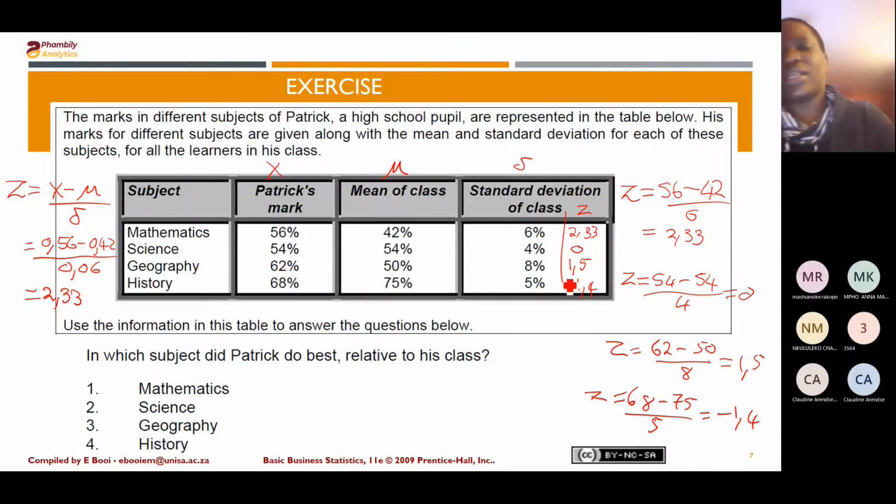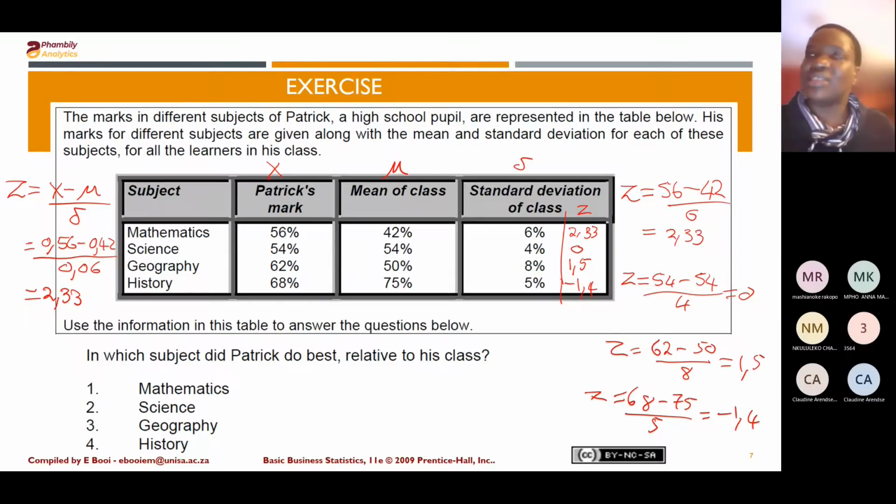By looking at the result of your Z-score, which one would you say Patrick's subject, he performed better relative to the class? It will be the results where you have the bigger Z-score, because the bigger the difference of your Z-score, it tells you that you did much, much better than the rest of the class. But it also has to be positive.